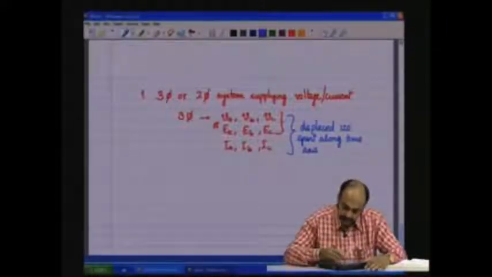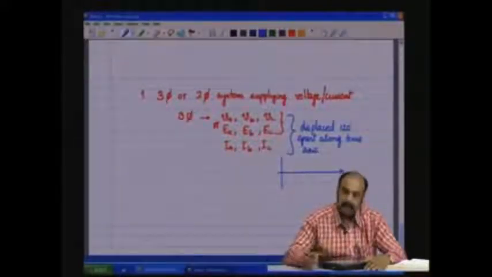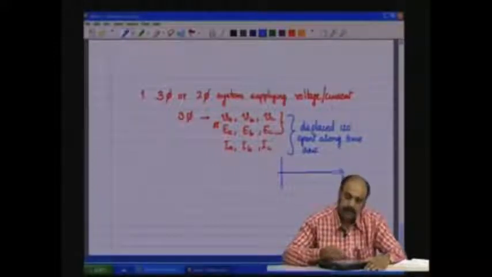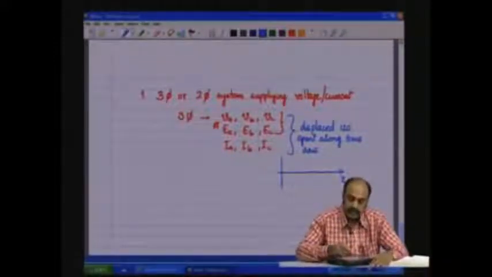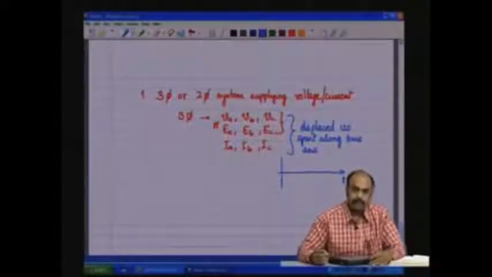Which means the displacement between IA, IB, IC, 120 degrees apart, is along the time axis, which when we talk of as phasors in the spatial coordinates, it reflects as three phasors 120 degrees apart.